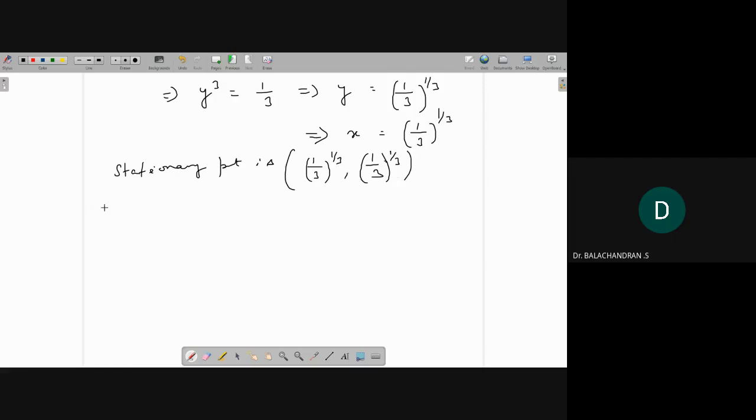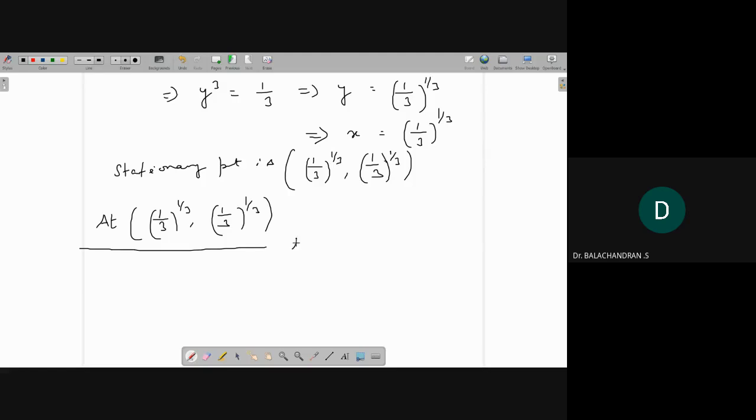Now, you should investigate, you should find the value of A, B, C and delta at (1/3, 1/3). So calculate and tell what is the A value at this point.